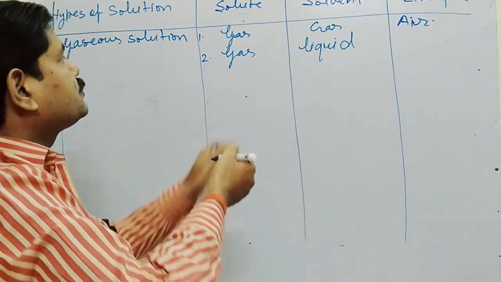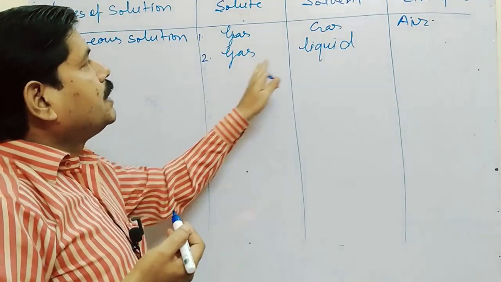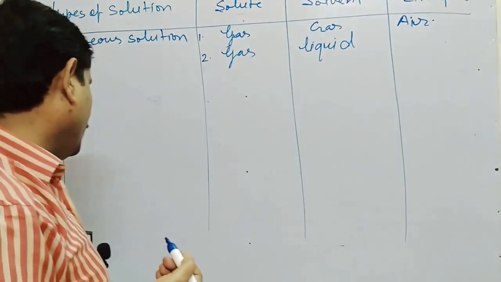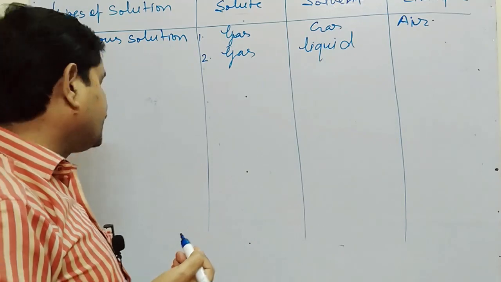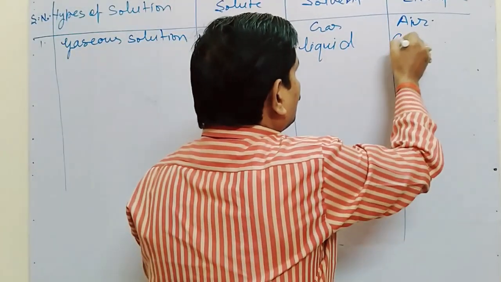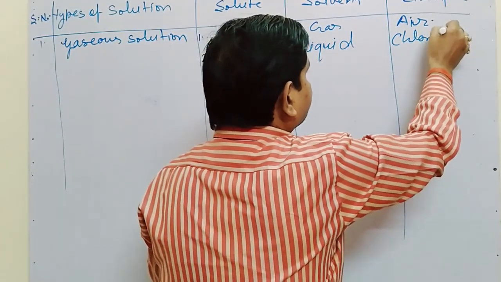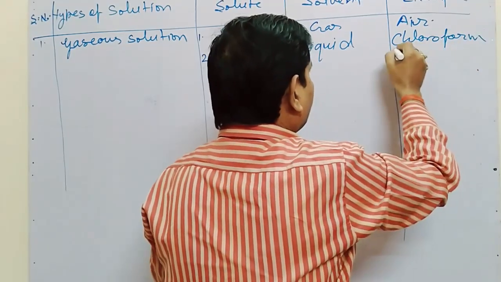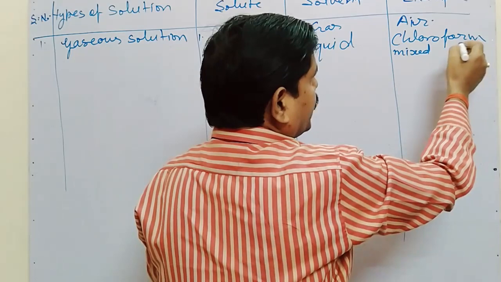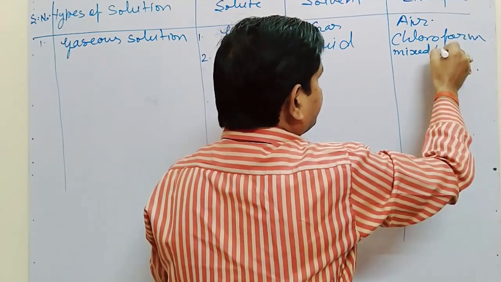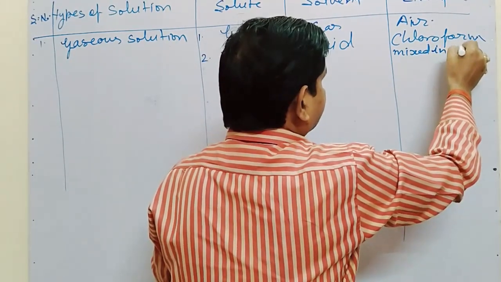In these solutions the solute is gas and the solvent is liquid. The example is chloroform mixed in nitrogen gas.